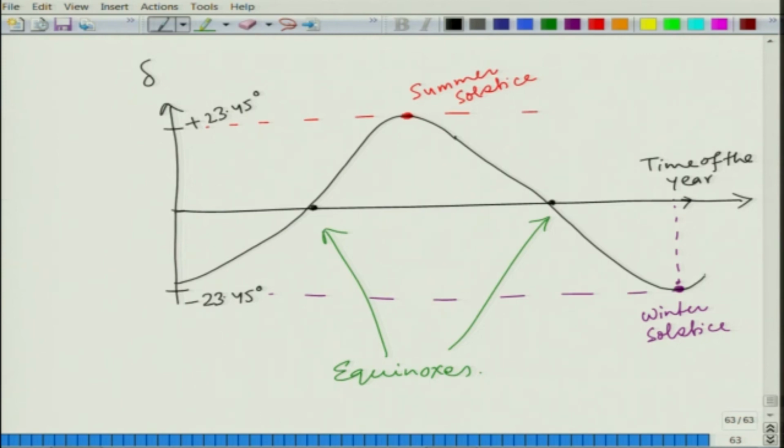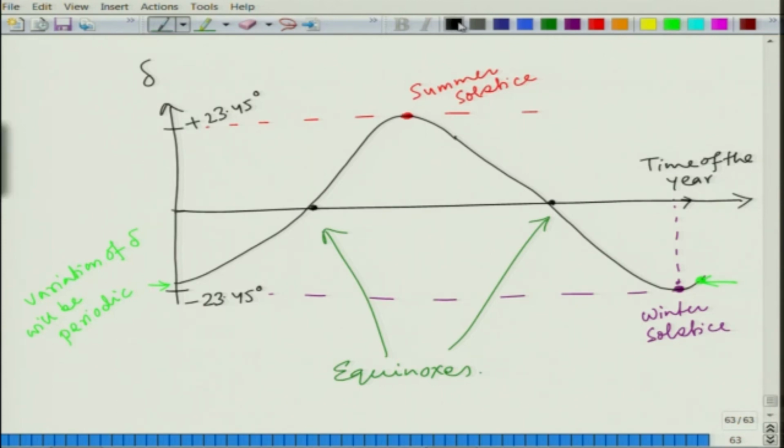Here what we see is that this point and this point has to have the same value. So, variation of delta will be periodic. It has to come back to the same point at the end of the year, and we have this sinusoidal variation that we can see.